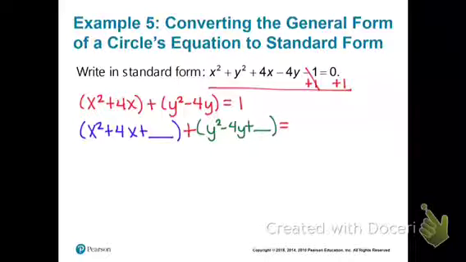And this is going to be equal to 1, but we added 2 blanks on the left side, didn't we? So we've got to add 2 blanks on the right side here as well, one for the x parenthesis and one for the y parenthesis.